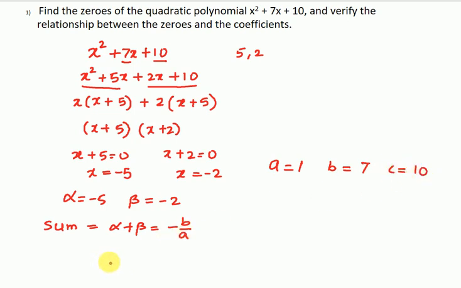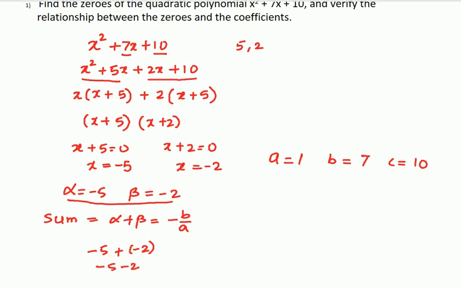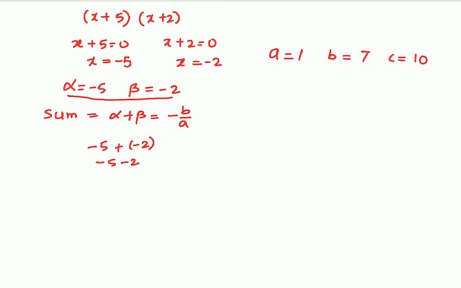So we will find the relation for alpha and beta. We already got alpha and beta. Alpha is minus 5 plus beta is minus 2. So we get minus 5 minus 2, which is minus 7. So we got the alpha plus beta value as minus 7.